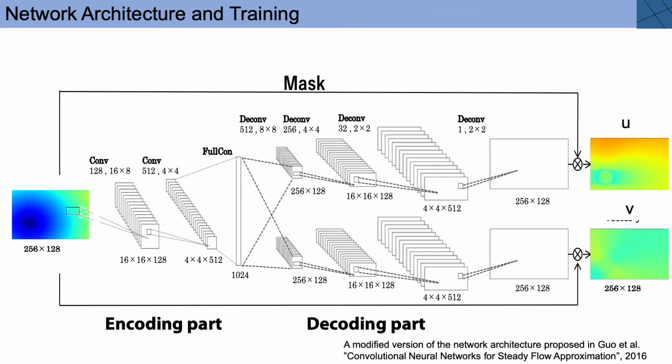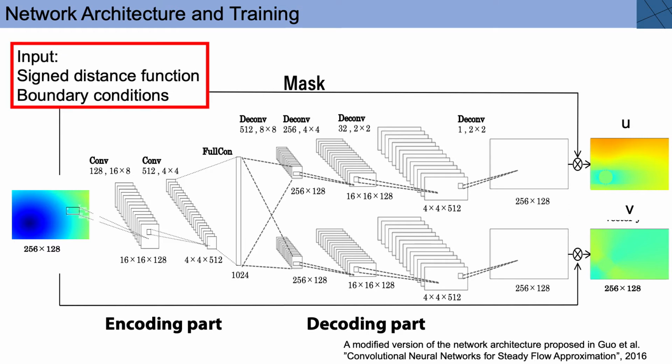Here is the network architecture. The encoding part is shared by all dimensions, and the decoding part is different in each dimension. The encoding part consists of several convolution layers. The decoding part consists of several deconvolution layers.